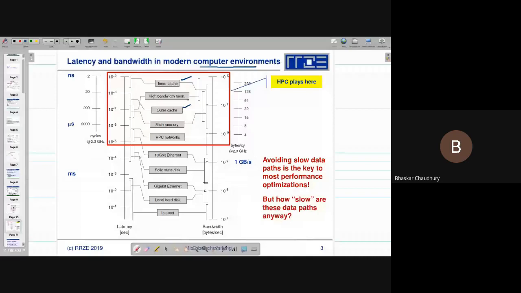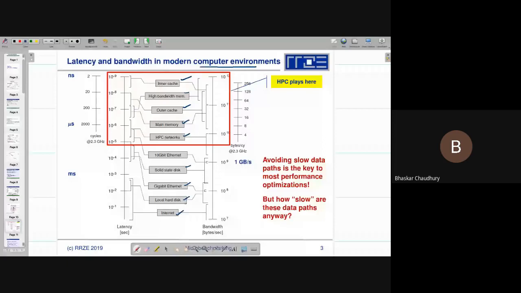Then you have the RAM, which is the main memory. Then you have high performance computing networks, those switches and all. Then you have 10 gigabit Ethernet. Then you have SSD, solid state disk, and then you can have gigabit Ethernet, local hard disk and internet. Now you can see on the left side.